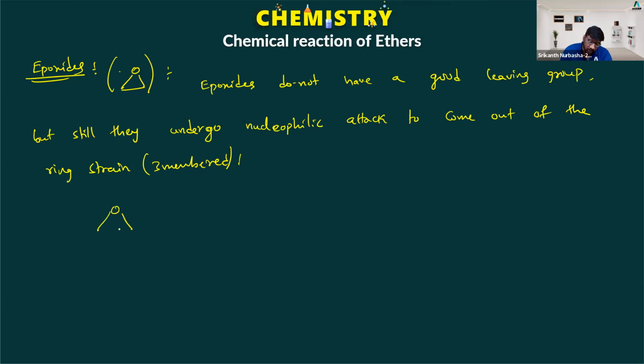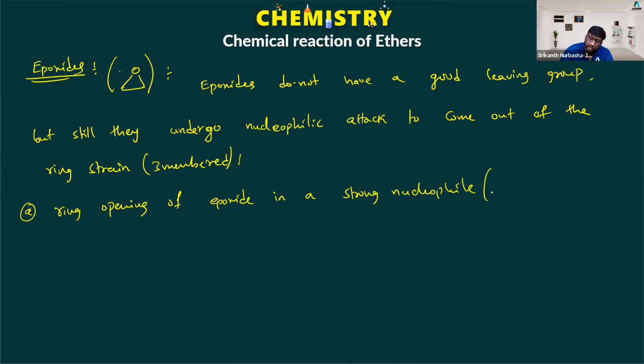Let us take an epoxide. Two types of ring openings are there. The first is ring opening of epoxides with a strong nucleophile, like CN minus, R-MgX, that is a Grignard reagent, OH minus, SH minus.